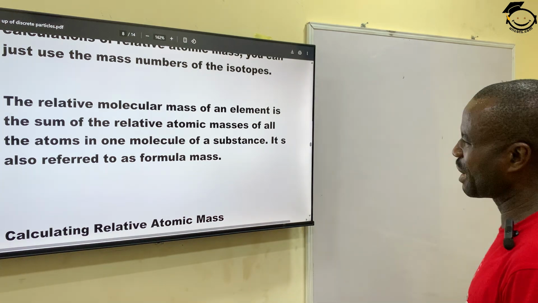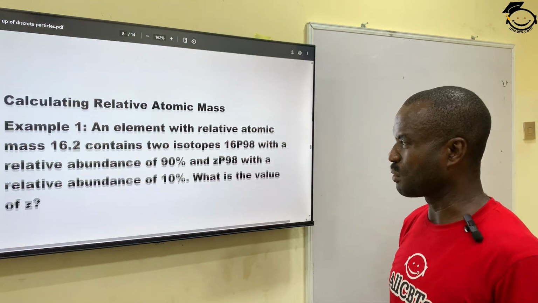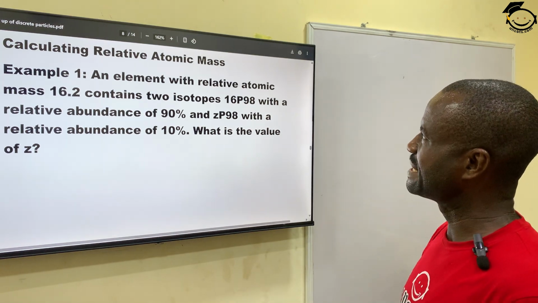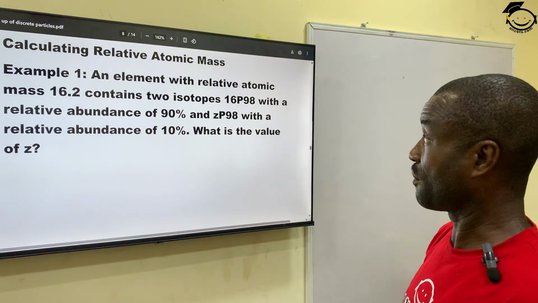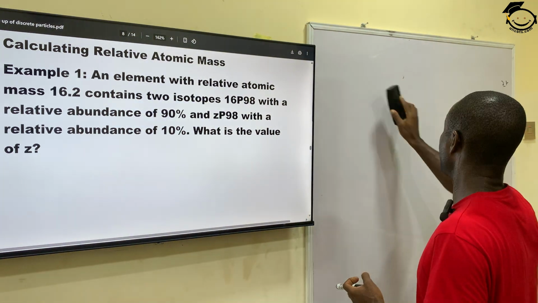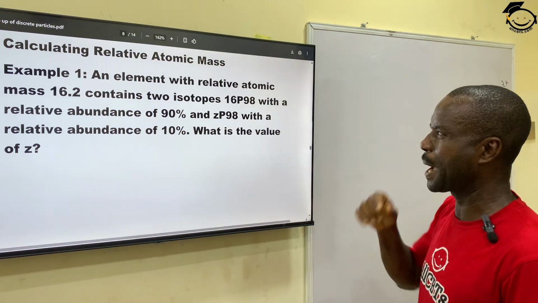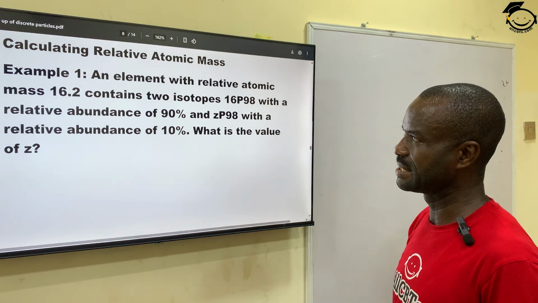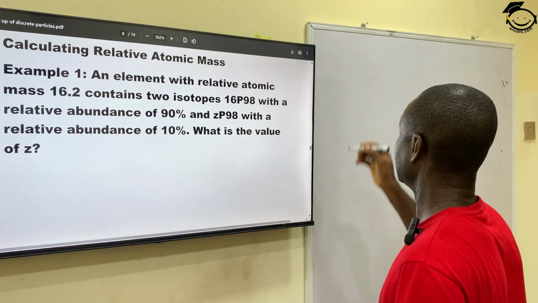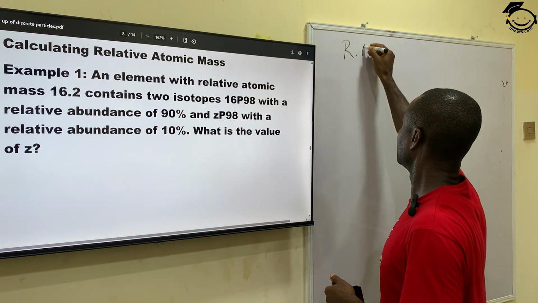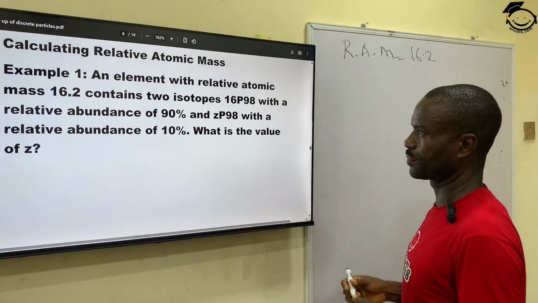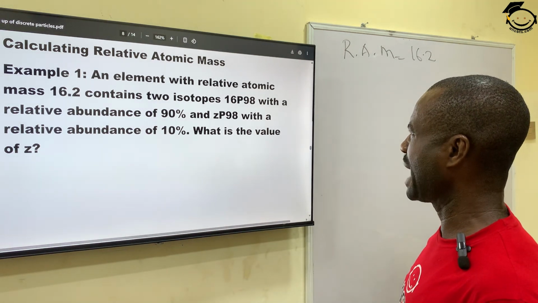Now let's see how we can calculate the relative atomic mass of some isotopes. Let's look at the following example. Calculating relative atomic mass of isotopes. Example 1: an element with a relative atomic mass of 16.2 contains two isotopes.